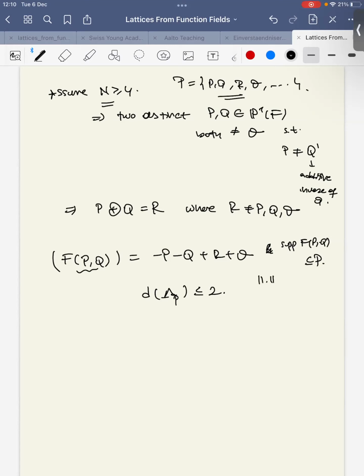We are just looking at the image, so we have -1, -1, 1, 1, and the 0.